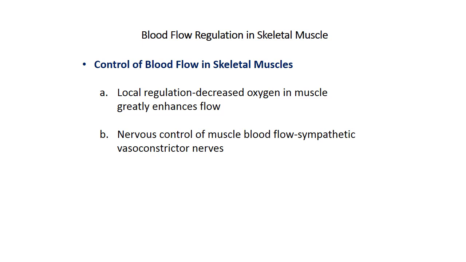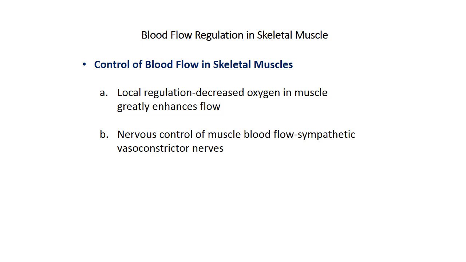The other control is nervous control, by sympathetic vasoconstrictor nerves. During exercise, the sympathetic system is active and sympathetic vasoconstrictor nerve fibers secrete norepinephrine at their nerve endings.